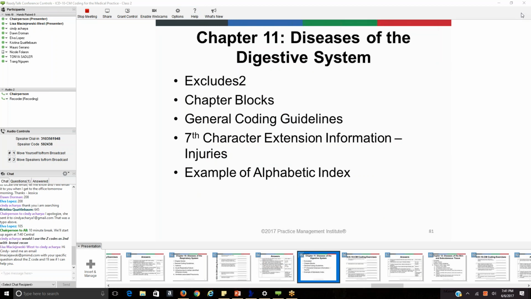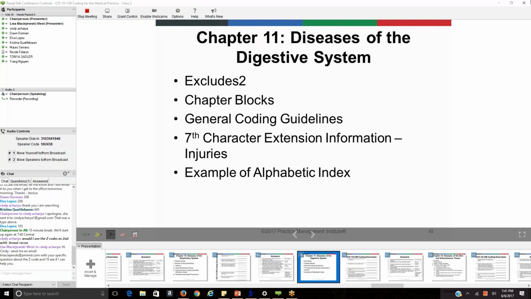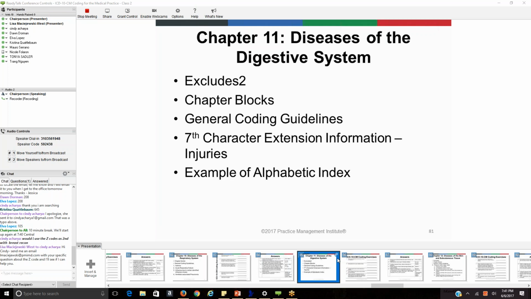Okay, awesome. So let's go straight to chapter 11, which is your diseases of the digestive system. These are the diseases relating to the stomach and the intestines, and so on and so forth. The digestive system actually starts with the mouth, the oral cavity and salivary glands, moves on down the esophagus, the appendix.